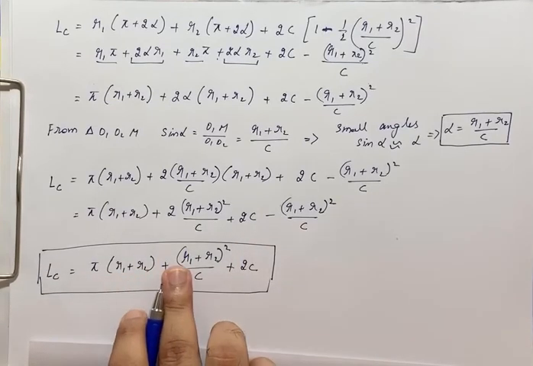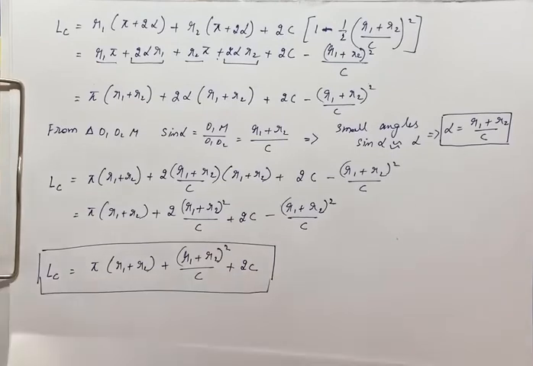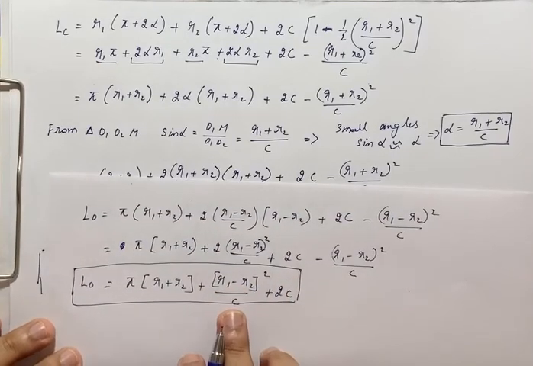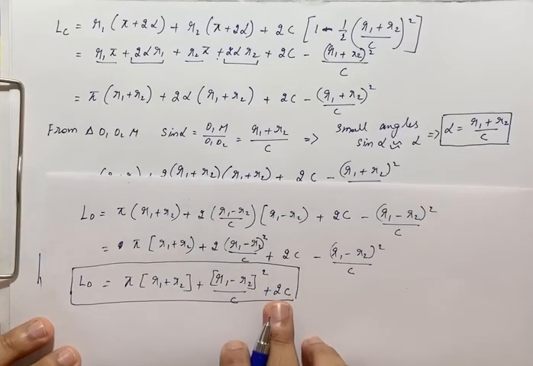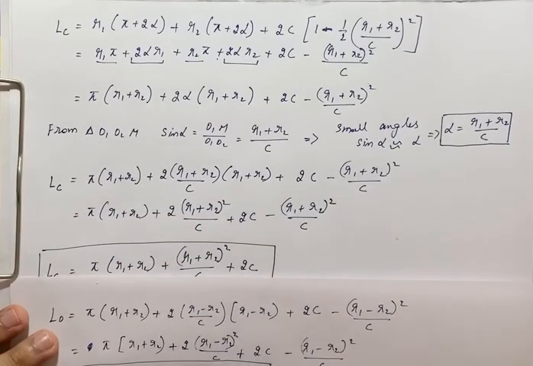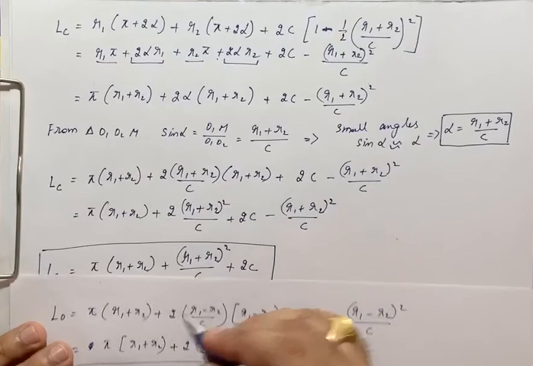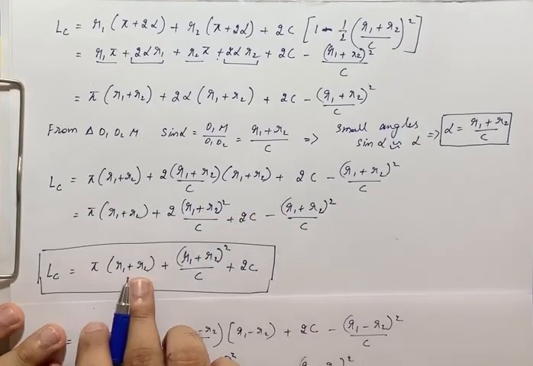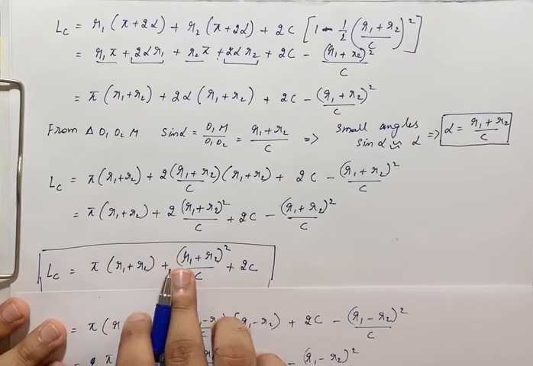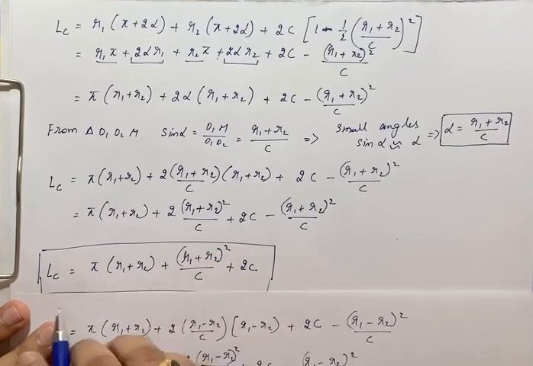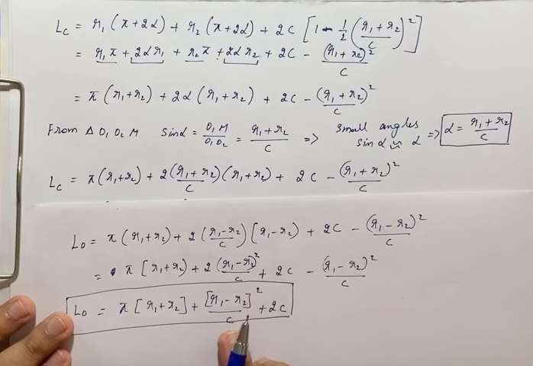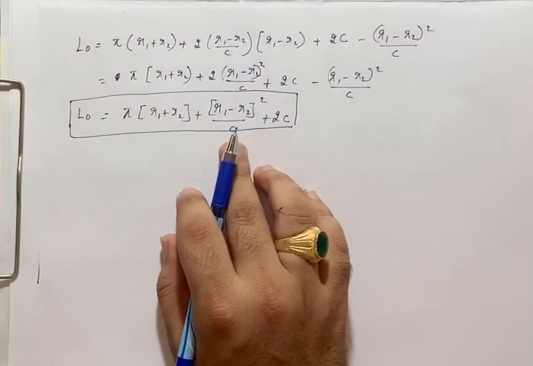This is R1 plus R2 whole square by C in the cross belt drive. In the open belt drive, it is R1 minus R2 whole square by C plus 2C. All these things are common: 2C is there, and pi into R1 plus R2. Here the only difference is R1 minus R2 whole square by C in the open belt drive.